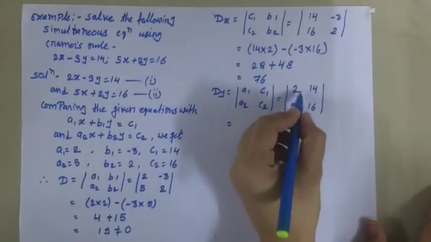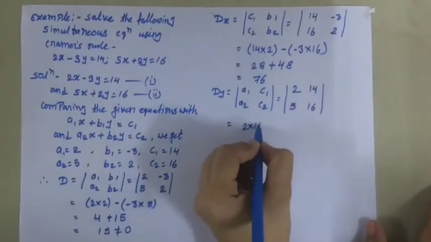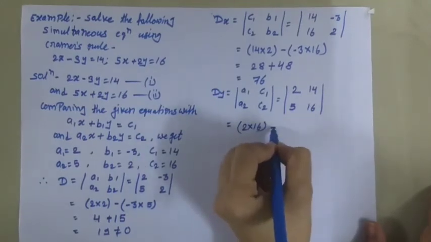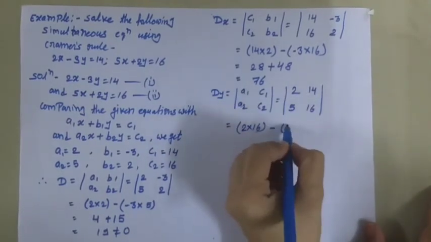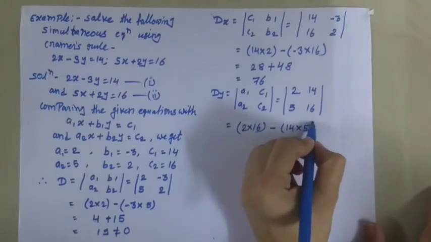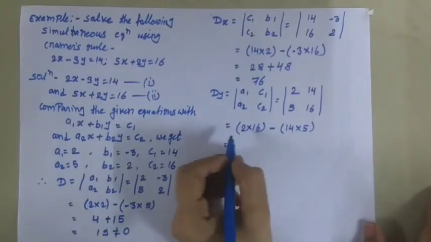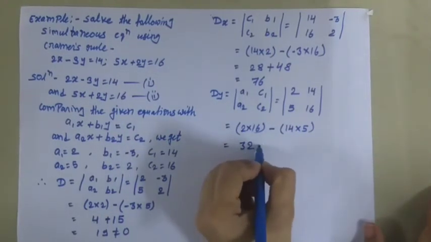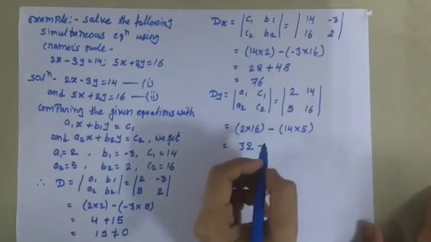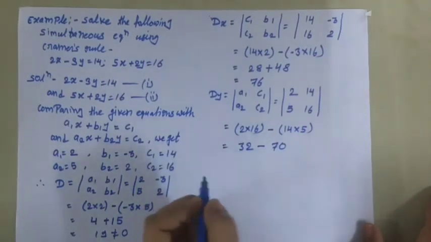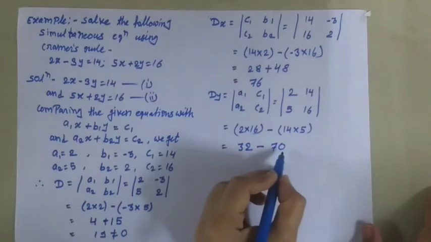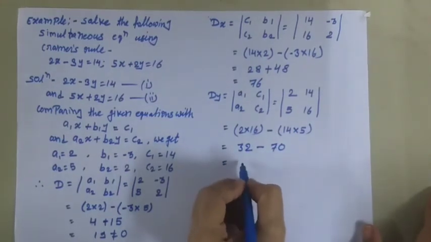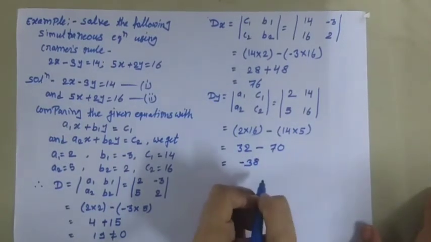Equal to 2 into 16 minus 14 into 5. 2 16s are 32, minus 14 5s are 70. 32 minus 70 equal to minus 38.